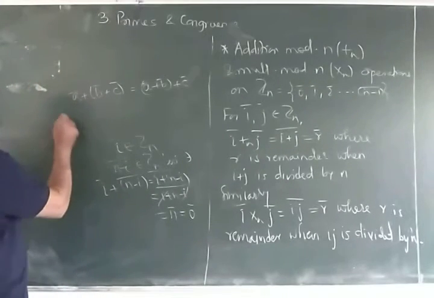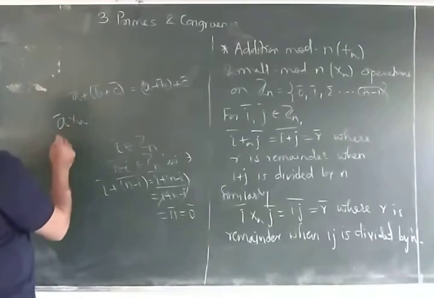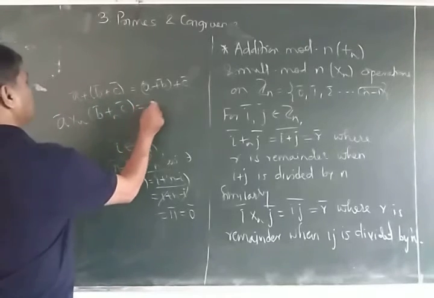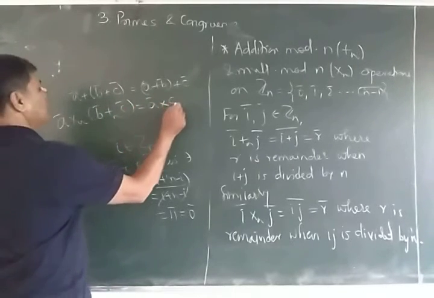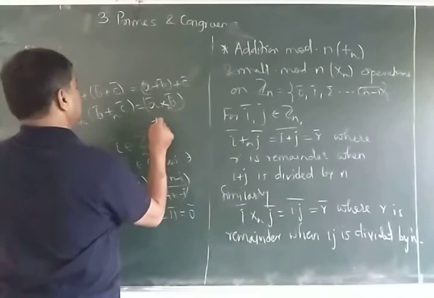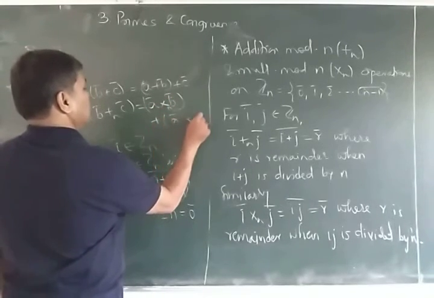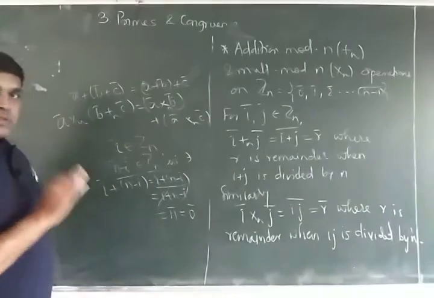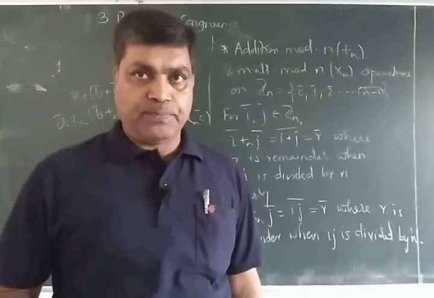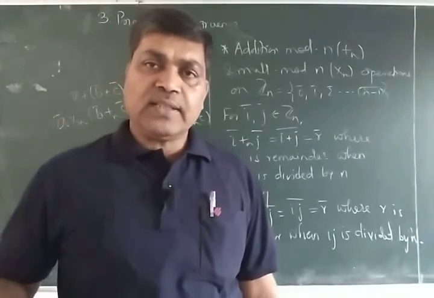That is, a bar multiplication modulo n of b bar plus c bar is equal to a bar multiplication modulo n b bar plus a bar multiplication modulo n c bar. So this distributive law also holds there. So these are the properties.